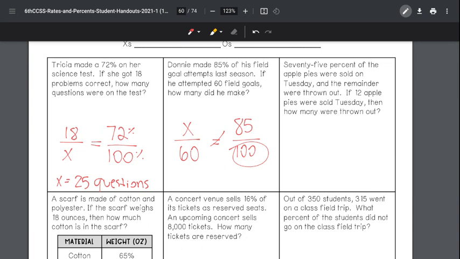Cross multiply and divide. 60 times 85 equals 5,100. If we divide that by 100, we figure out that Donnie made 51 field goal attempts.